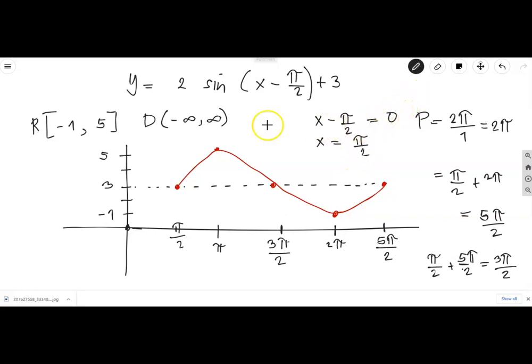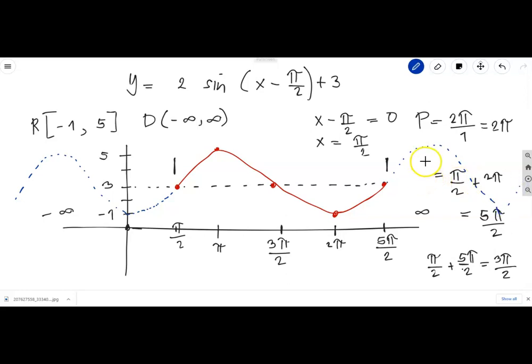Again, the range is from -1 to 5 and the domain is from negative infinity to positive infinity. This is the computation of one period, or one single cycle. If you continue the cycle, it will just go continually this way, going up again and then going down.